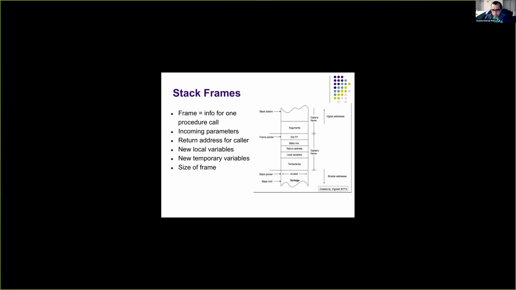The stack frame also contains space for certain temporary variables that are not necessarily declared. And the size of the stack frame depends on the function. Depending on the number of local variables it has and the number of parameters it accepts, the size of the stack frame might be different.